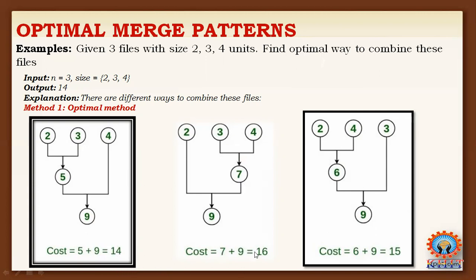The second methodology will take 16 comparisons. The third methodology will take 15 comparisons for merging 3 files. Among those resultant matrices, we will consider the best one. The first methodology produces the optimal solution for the given problem.